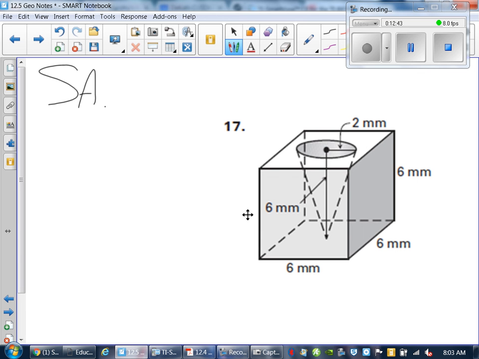Now, the minute that I cut out a cone, am I adding or subtracting? Adding. I'm adding because you're going into it, and subtracting surface area. I'm adding the surface area of the round, but I'm taking away the circle. Everybody see that? So I'm adding surface area by the inner round part, the cone.